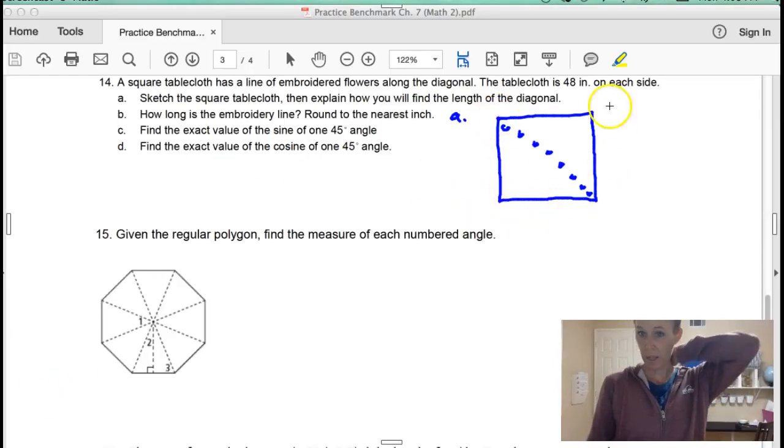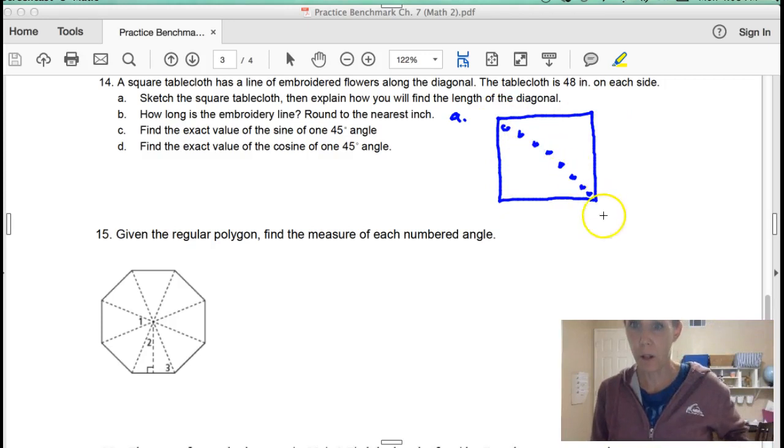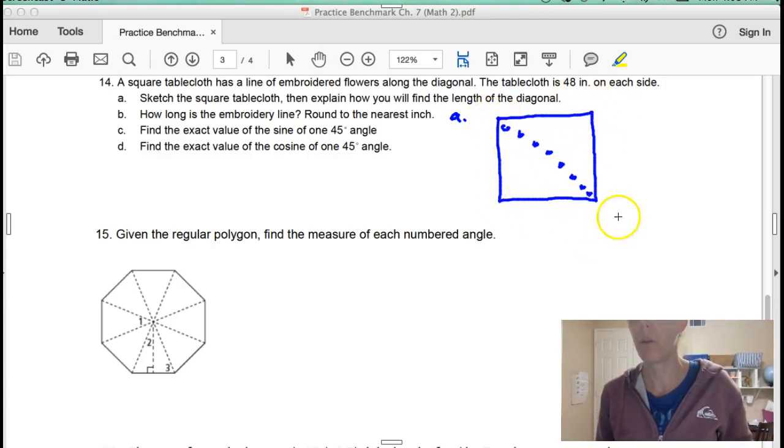Okay, so part A, I sketch my square and I have flowers all along the diagonal. How will I find the length of this diagonal? Well, if this is a square, I know each side is 48. All the sides are 48. Also, if it's a square and I draw a diagonal, I immediately create a 45, 45, 90 triangle.